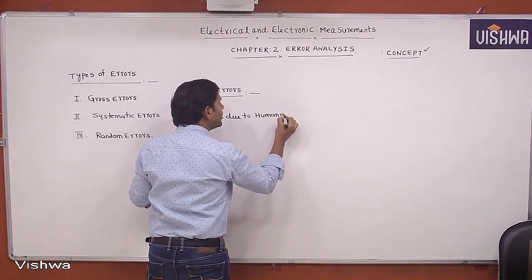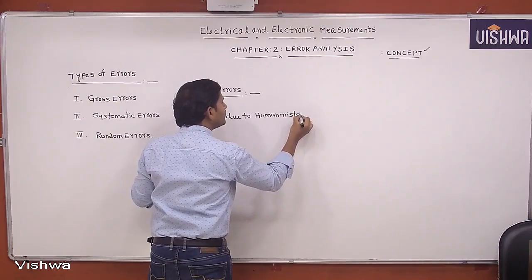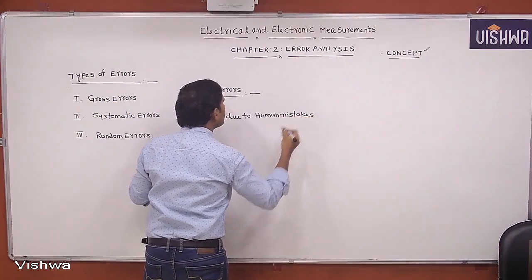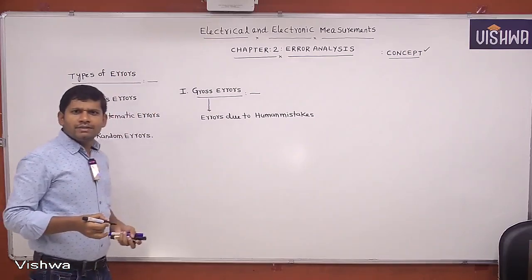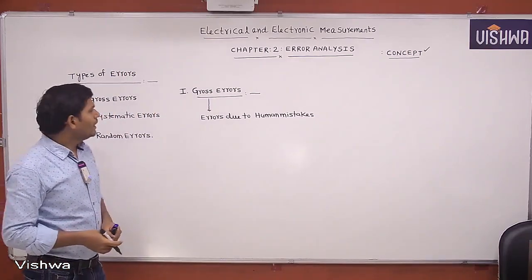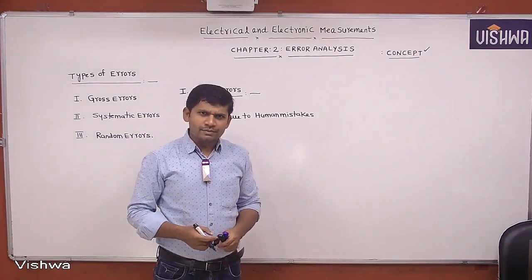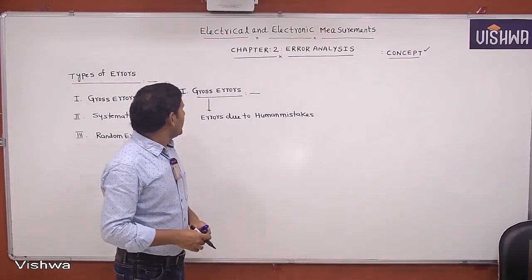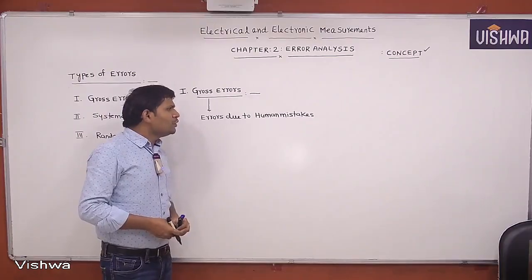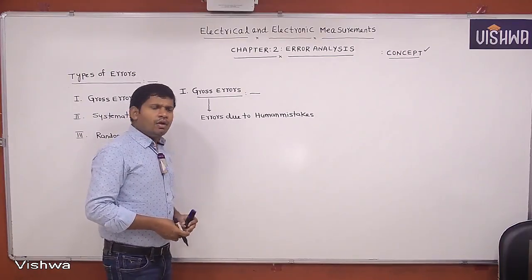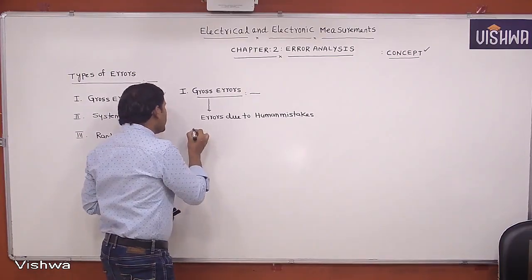Human mistakes are the main reason for gross errors. Then which are the human mistakes? Many errors are caused by human mistakes, and here I want to give some examples.